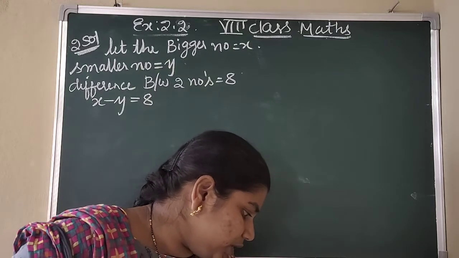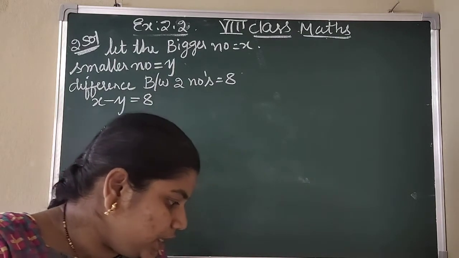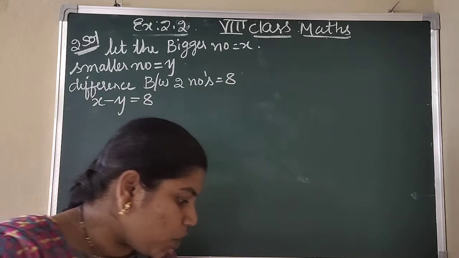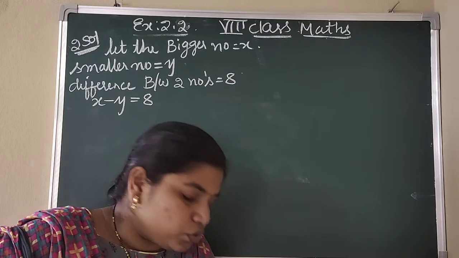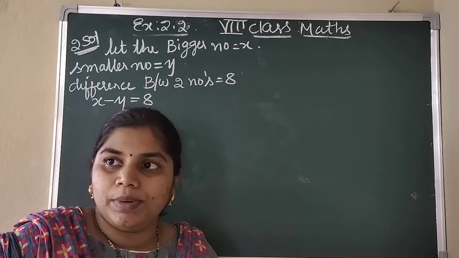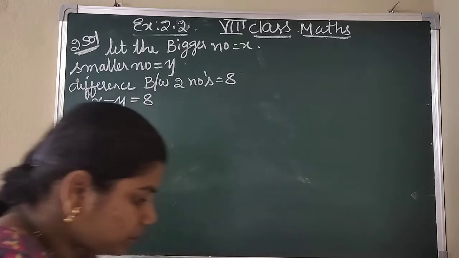Okay, so next is what they told: if 2 is added to the bigger number, the result will be 3 times the smaller number. So if you are adding 2 to the bigger number, the result will be 3 times the smaller number. So how to write that?